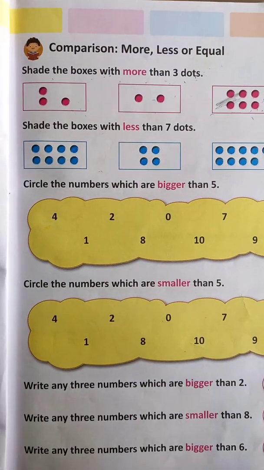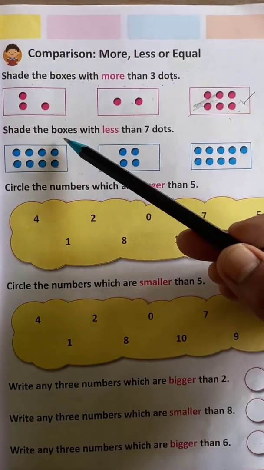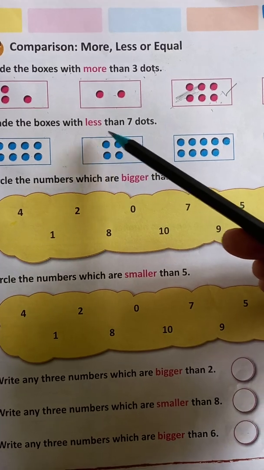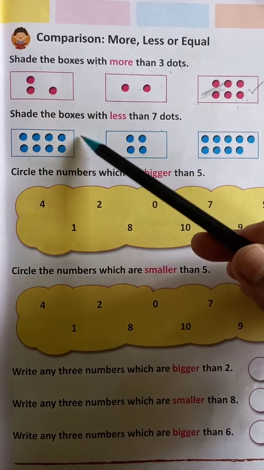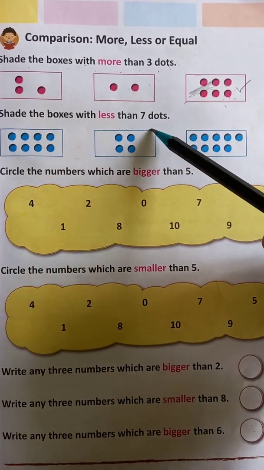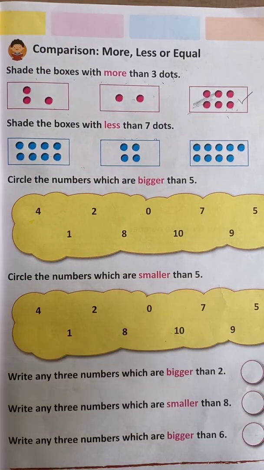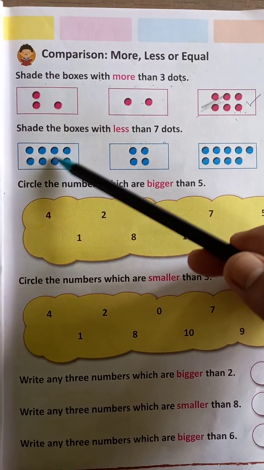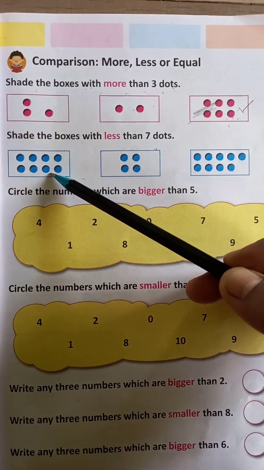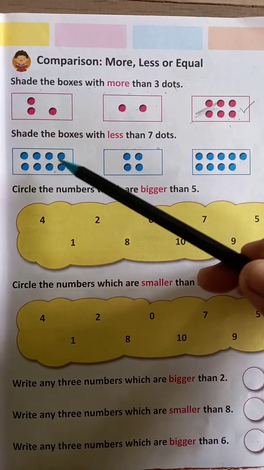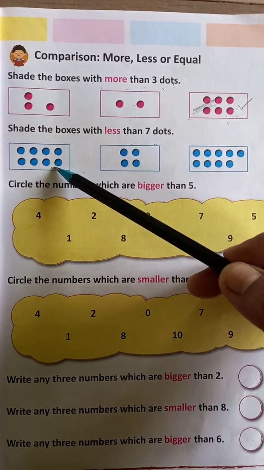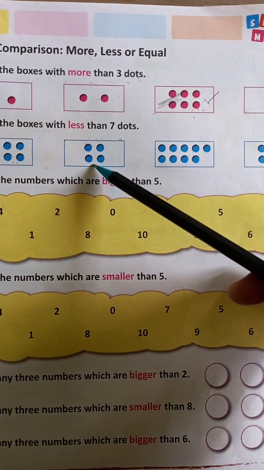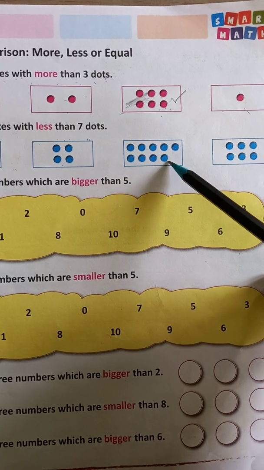Take one light color, okay? Shade the boxes with less than 7 dots. Less than means less. Here is 8 dots. Here is 4 dots. Here is 9 dots.